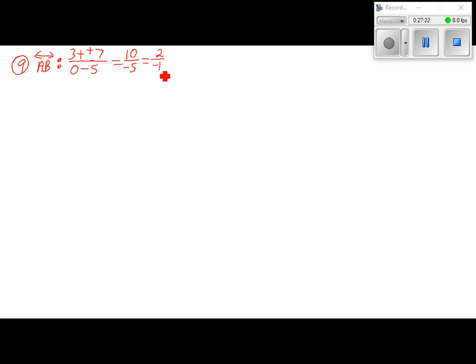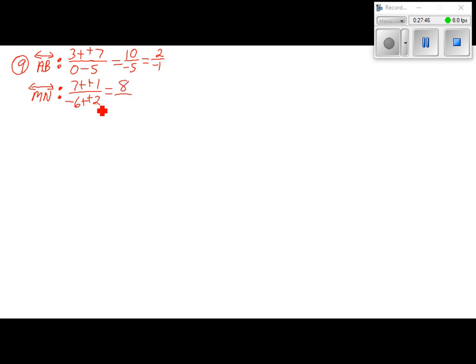For line MN, my y's are 7 and negative 1. 7 minus a negative 1 over my x's, negative 6 minus a negative 2. That's going to change to plus. That's going to change to plus. 7 plus 1 is 8.